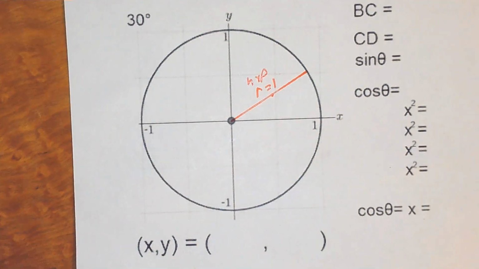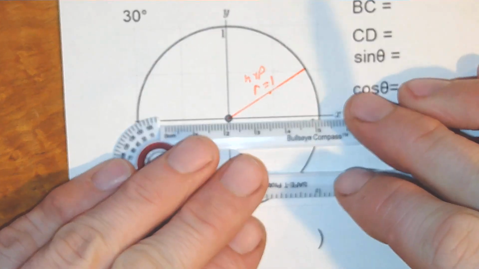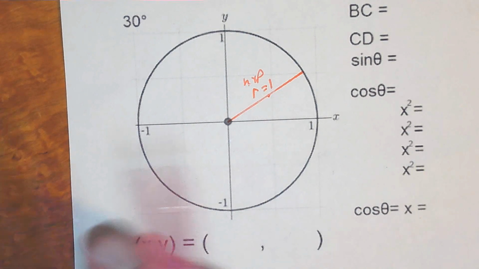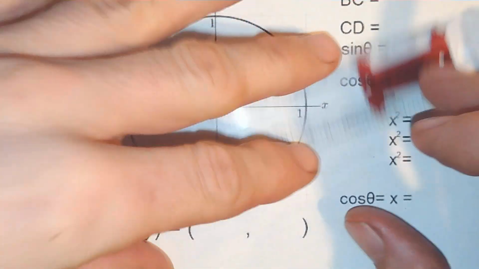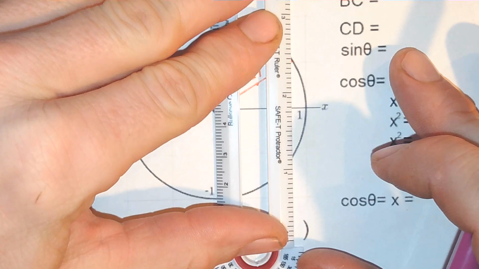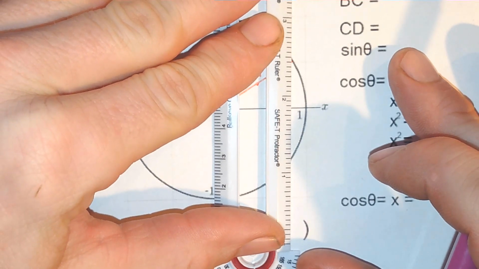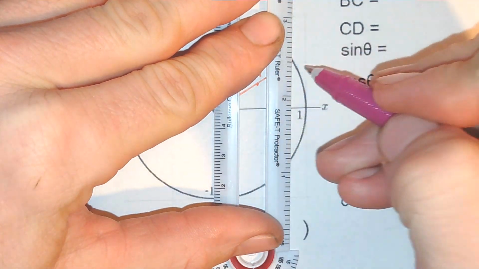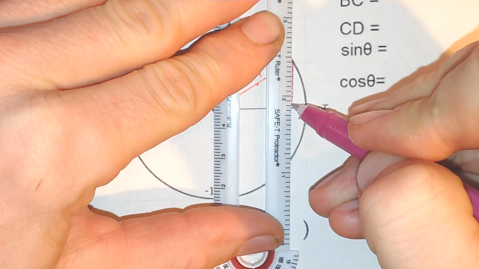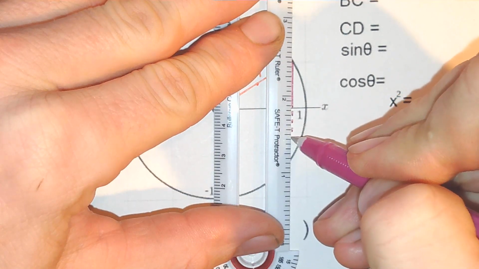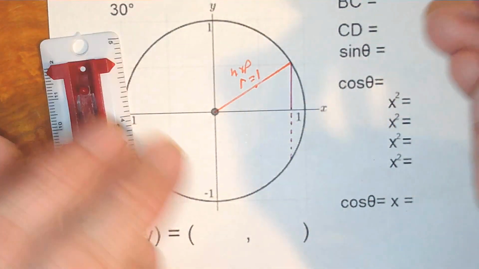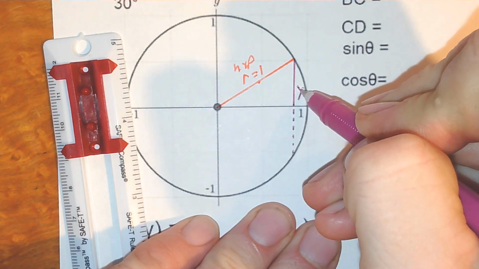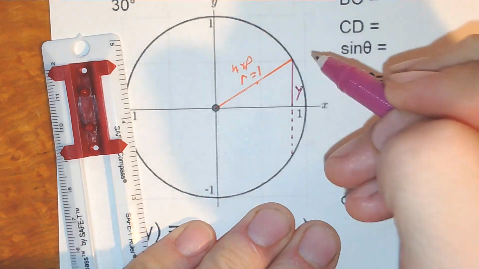Right? I'll also put hypotenuse. Okay, and then I have my x value. Let me do my y value first. Make sure it's a nice straight 90-degree mark here, best I can at least. So I'm going to do a 90-degree mark, but I'm going to extend this 90-degree mark with some dotted lines here, because I want to show you something else. Okay, so this is my 90-degree mark, and this y value without the dotted lines is my sine, right?